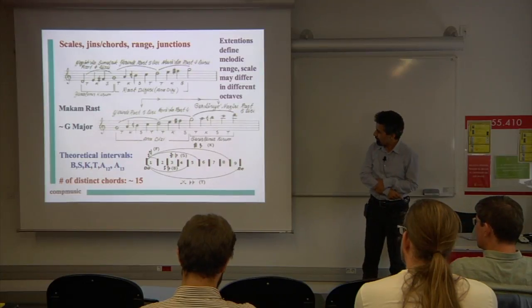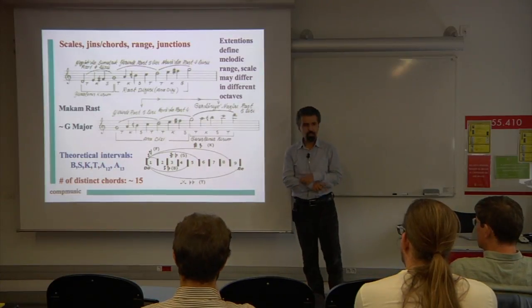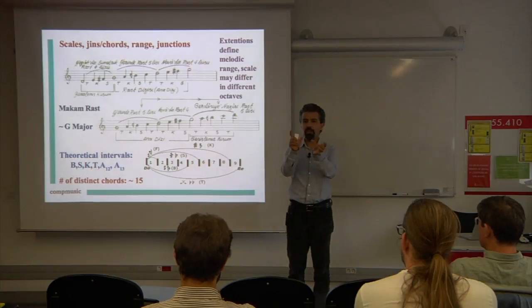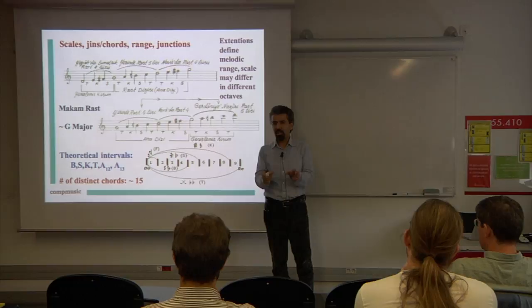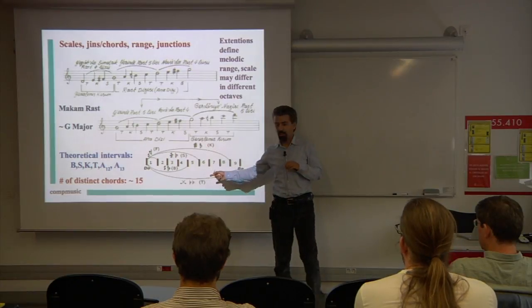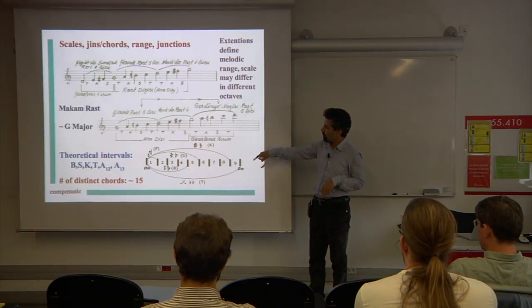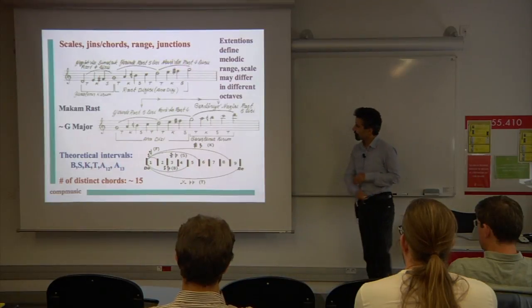And the number of distinct chords, so the scales made of chord material, you will see that chord material is the basis of melodic analysis. That's the reason I'm talking about chords. We have about 15 of them.